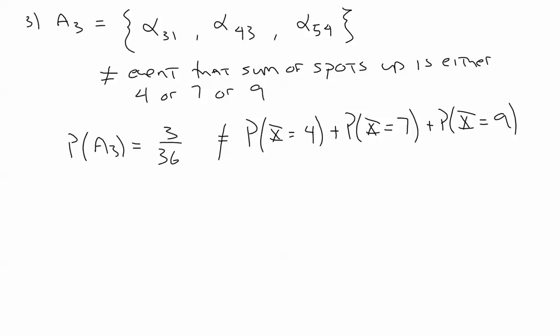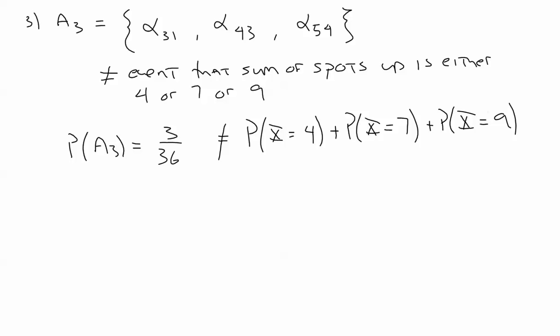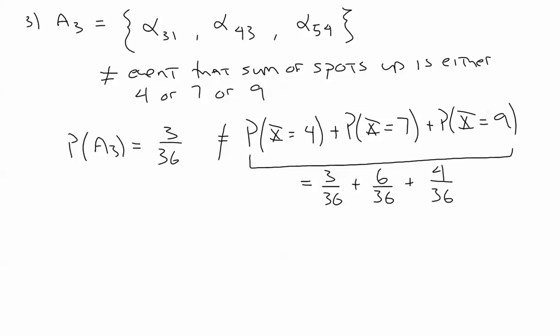Going back here, there are 3 ways that I can get a 4, there are 6 ways that I can get a 7, and 4 ways that I can get a 9. The right-hand side of this inequality is actually equal to 3/36 plus 6/36 plus 4/36, all told it's 13/36.